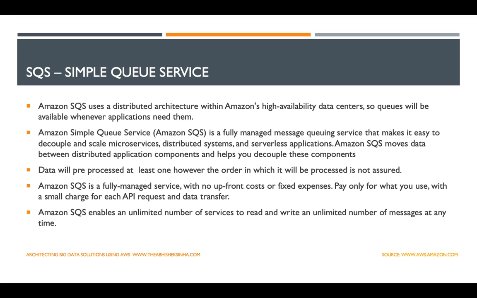If you look at the simplicity, you have an architecture where you do not have to worry about sending or receiving the message between the two components. You just have to worry about how to send the message and how to receive it, but how that message gets delivered, you do not have to worry about.